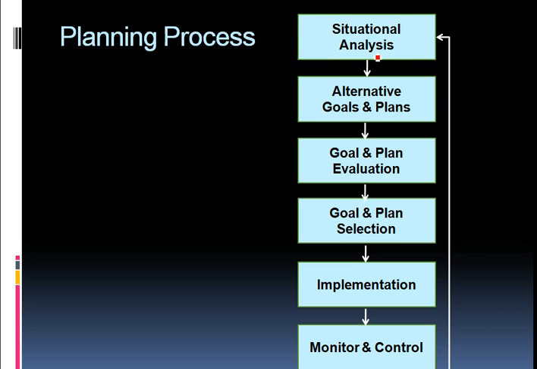Based on the analysis of the situation, there's a situational analysis. You need to identify goals and plans, evaluate all the possible alternatives, and make a selection, and then implement that plan based on that selection.